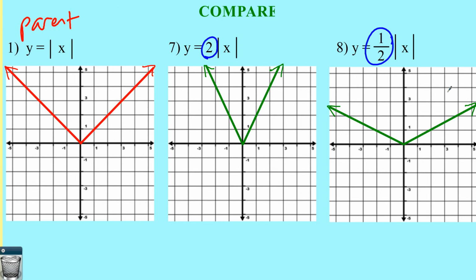So what I like to do is think of whatever that number out front, that a value, as multiplying by your height. So if I'm doing 2 times my height, think about it. If this is me right here, and I'm doing 2 times my height, well, I'm now way up there.